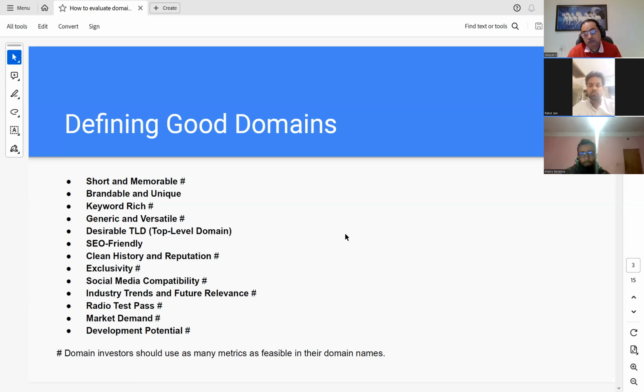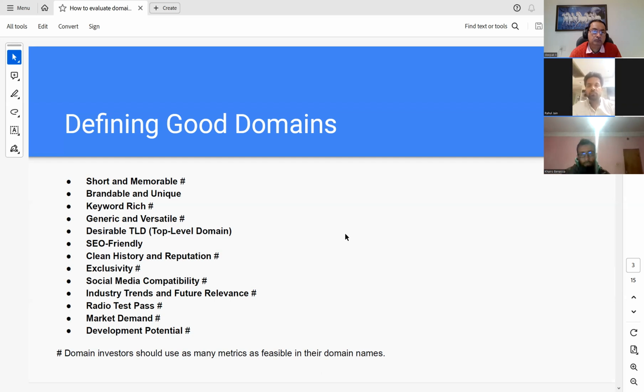For whom? For startups. If you are going to start your own store, then the domain has to be brandable and unique. But this rule does not apply to domain investors, because domain investors have a variety of domains in their kitty: EMD, geo EMD, some brandable, some short, some keyword.